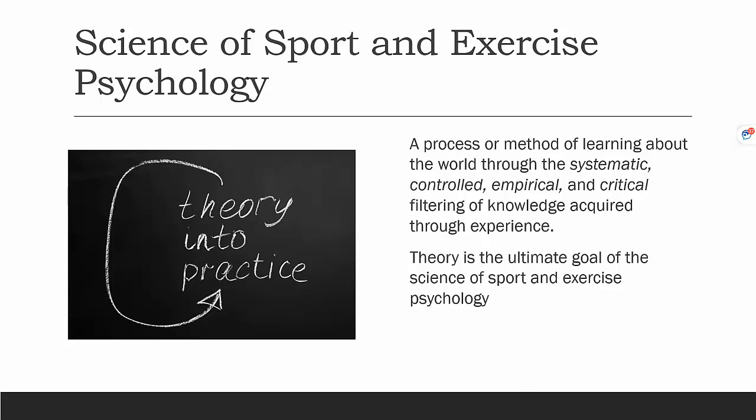A theory is an ultimate goal of the science of sport and exercise psychology. A theory is a set of interrelated facts presenting a systematic view of some phenomenon in order to describe, explain, or predict its future occurrence. One example of this would be social facilitation theory. There is nothing more practical than a good theory. The idea, then, is that we take this theory and then apply it to humans in a practical setting.